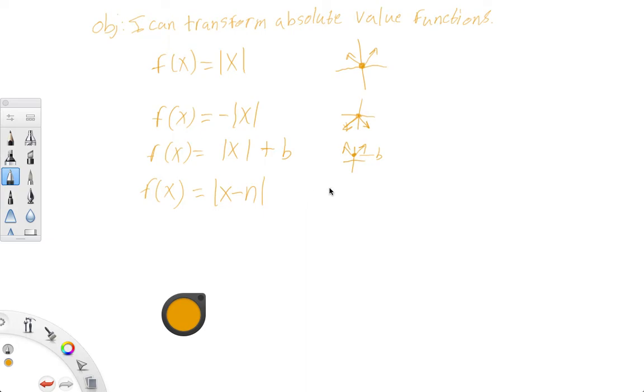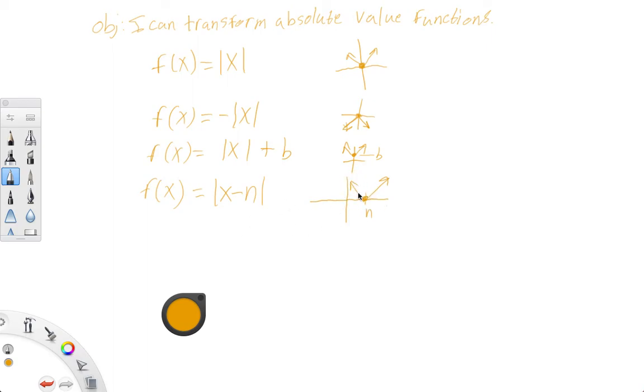It's a little bit different in this case because we're changing that x inside of the absolute value, and you could plug some values in and see that this is true. It's a minus, but it's actually going to shift it to the right that many units. So right here would be n, and our graph would look like this.